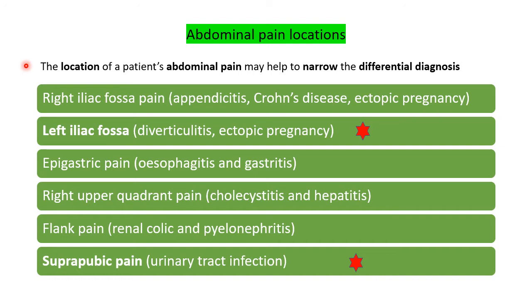Sometimes it may be necessary to ask the patient to point to the exact site of maximum pain in the abdomen. So in this respect, for lower gastrointestinal problems, the left iliac fossa and the suprapubic regions are the most commonly affected areas, which are highlighted by the stars here.